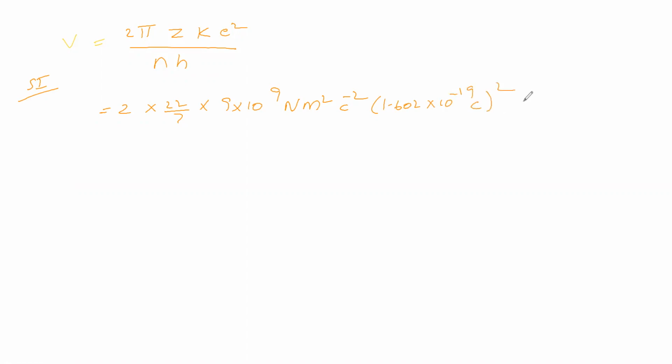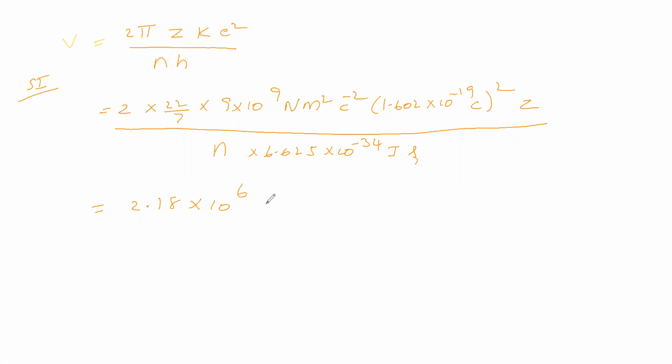Z by n, and h is 6.625 into 10 to the power of minus 34 joule second. We will simplify. We will get 2.18 into 10 to the power of 6, Z by n, in meter per second. It is velocity.